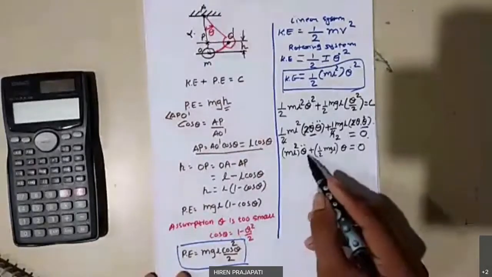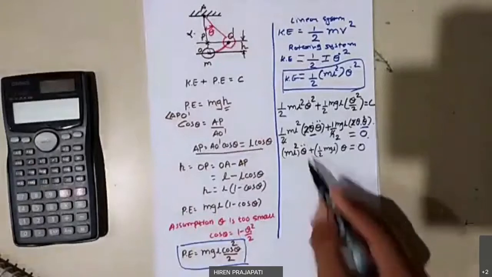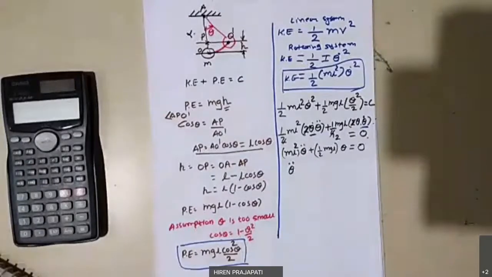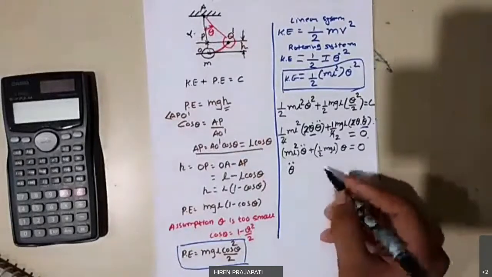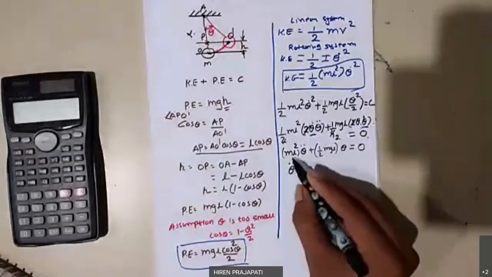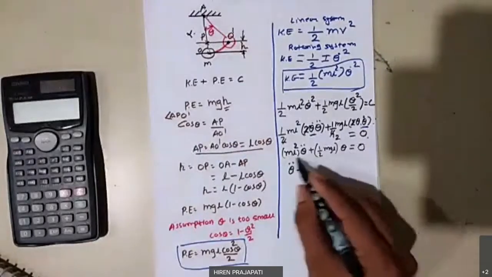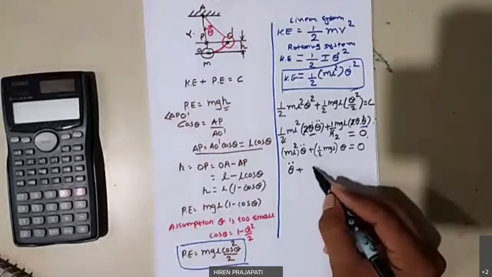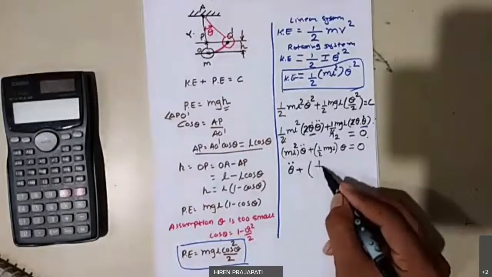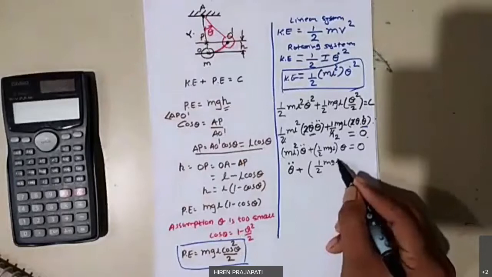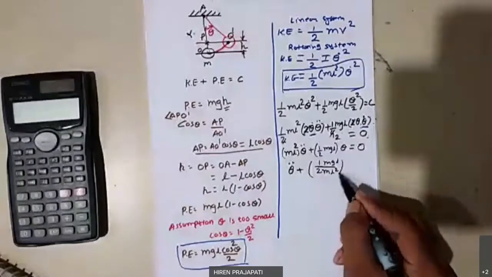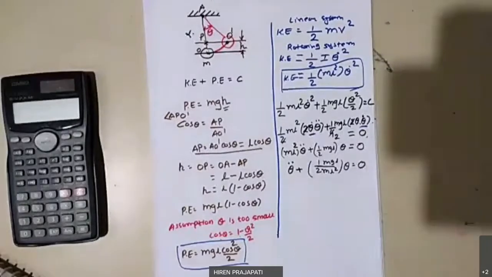Now let us write this in the form of the simple harmonic motion equation. I just divide this entire equation by ml square, then theta double dot plus 1/2 mgl over ml square, theta is equal to 0.